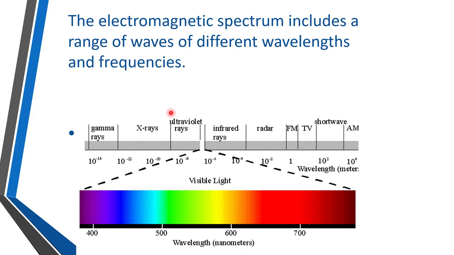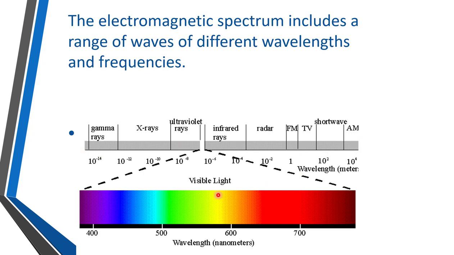So we have seen this electromagnetic spectrum in physics, which includes all kinds of electromagnetic waves of different wavelength and frequency. In this figure, on the left side there are gamma rays, then X-rays, ultraviolet rays, infrared, radar waves, television waves, short wave, and AM wave.